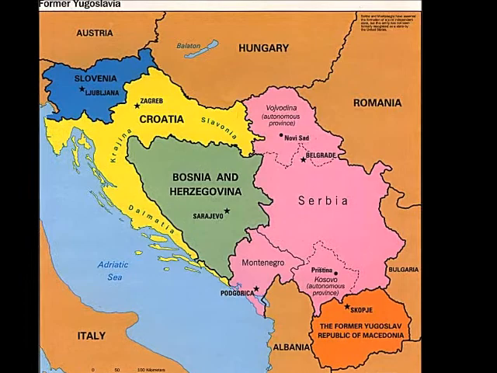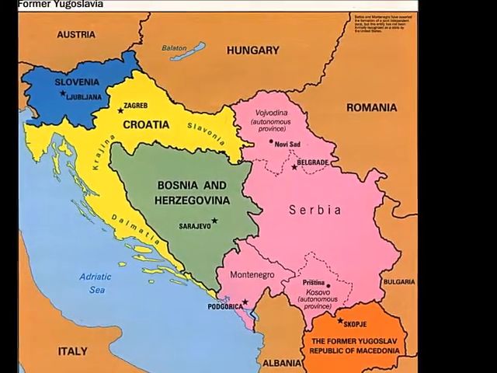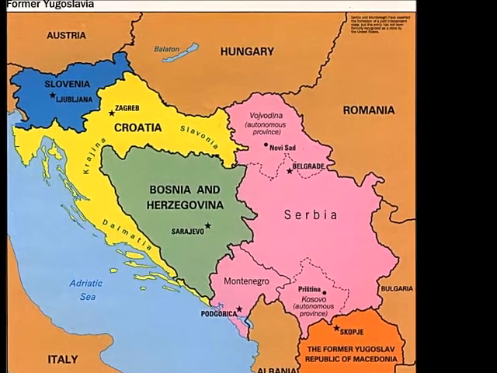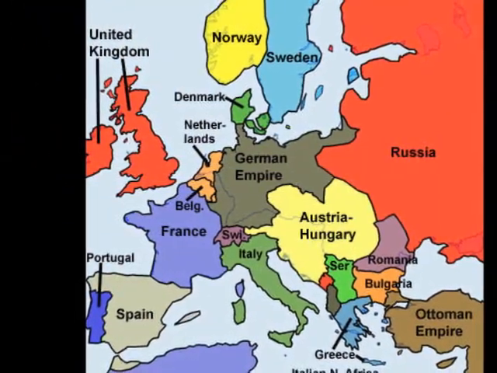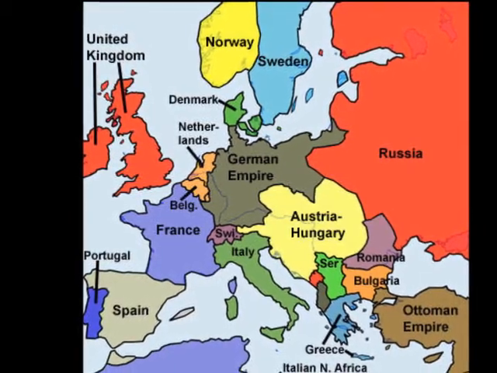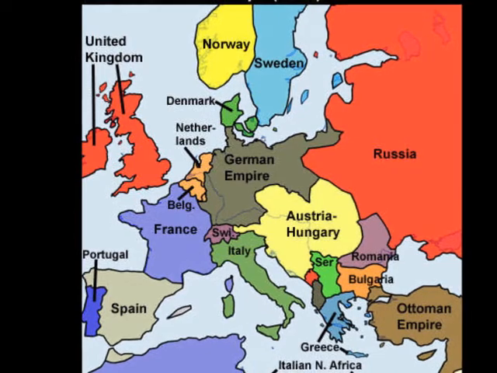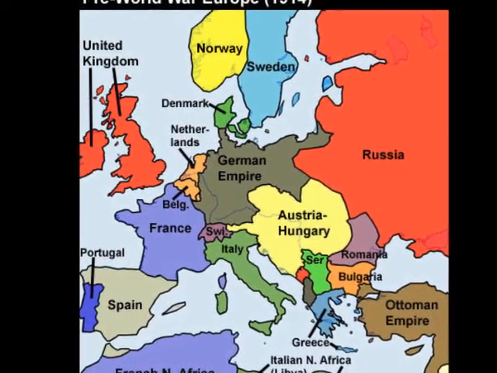And in Sarajevo, they're basically going to go on a tour of the city. But what they don't know is that Sarajevo is this powder keg. It is a hot spot in Europe because the Serbians do not want to be under the power of or under the control of Austria-Hungary. They want their freedom. They want their independence.